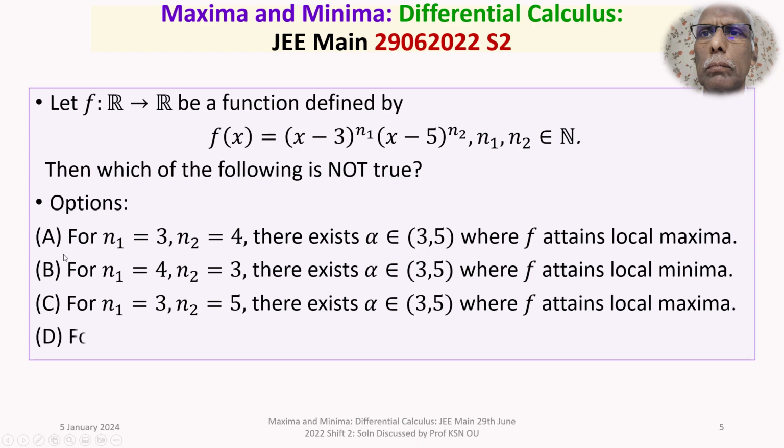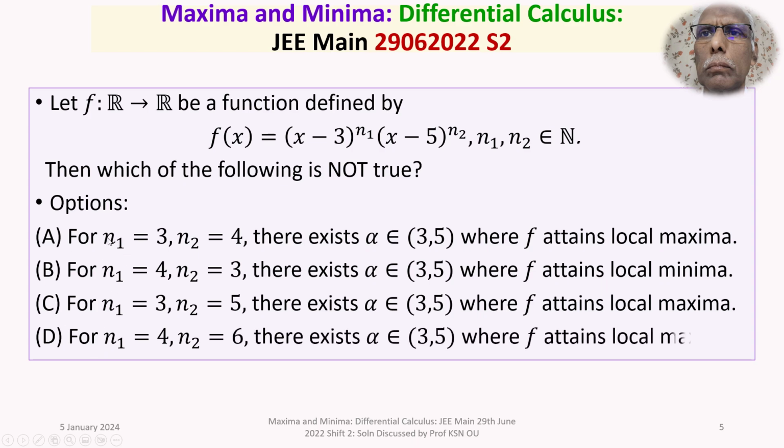Similarly in B, C, D, the values of n1 and n2 are varying, and in those contexts you have to talk about local maxima and local minima at some point alpha belonging to the open interval 3, 5.